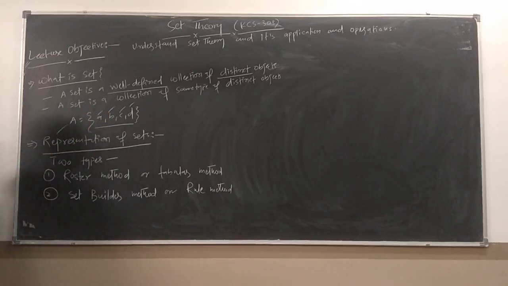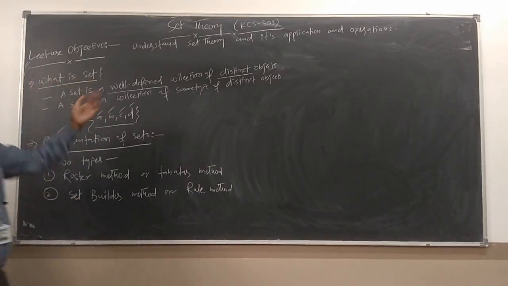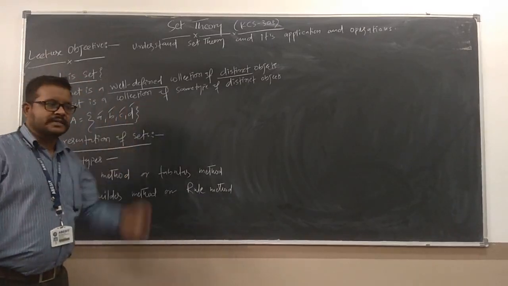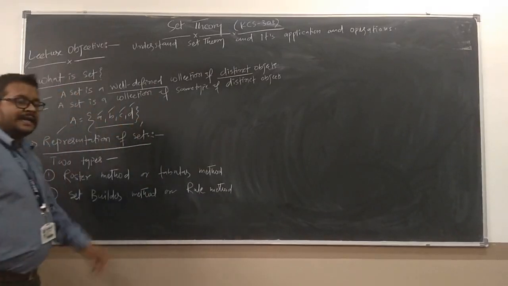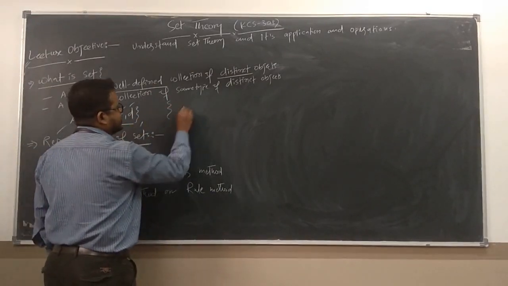A set is a collection of well-defined, same type of distinct objects, where these objects are collected in curly brackets.